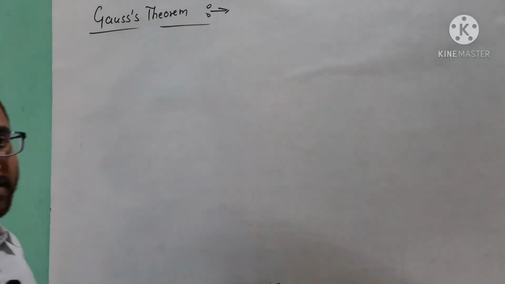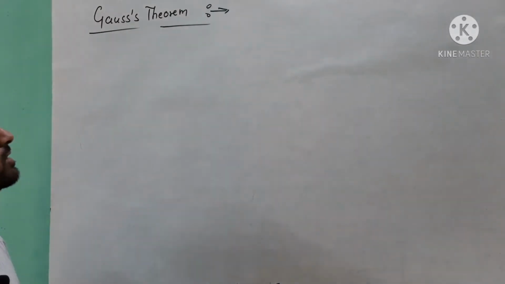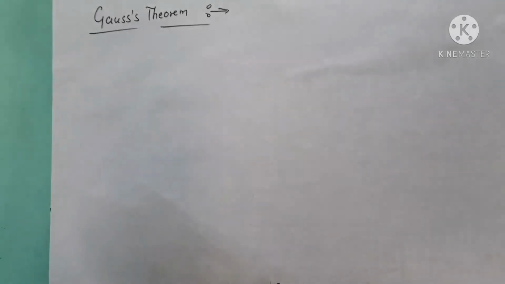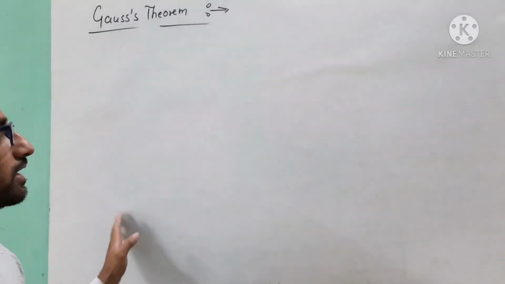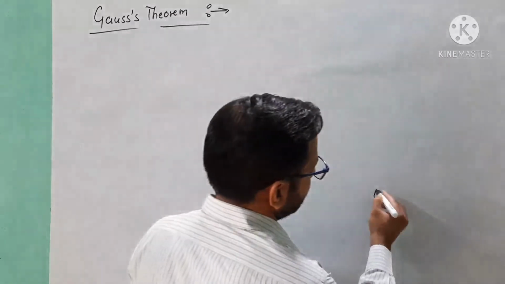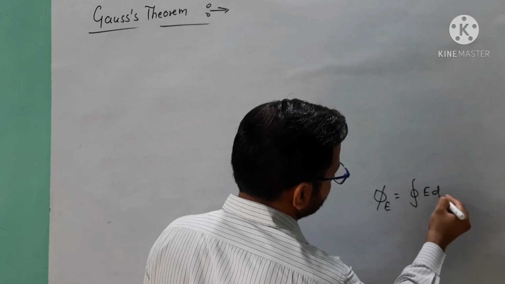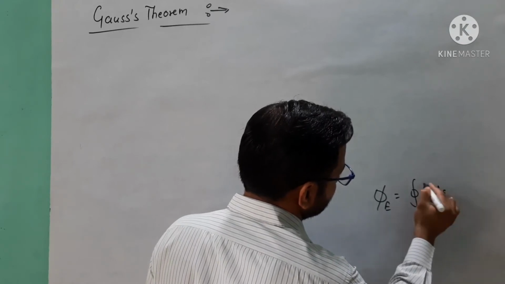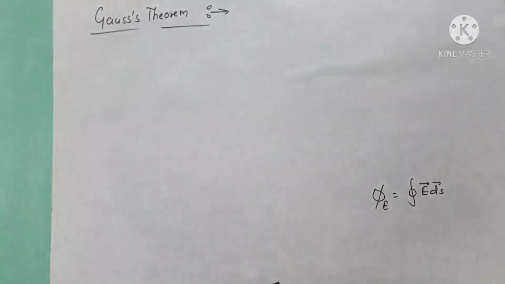Now see student, the next heading is Gauss theorem. Before Gauss theorem, you have to understand much more about the electric flux and the area vector. As we know, the electric flux is the surface integral of electric field.